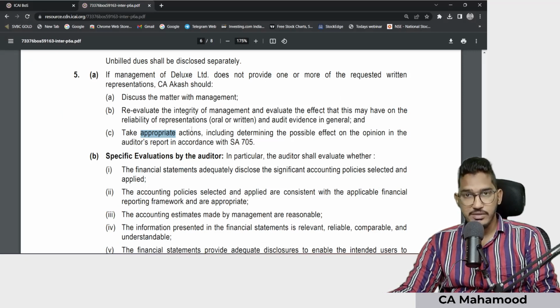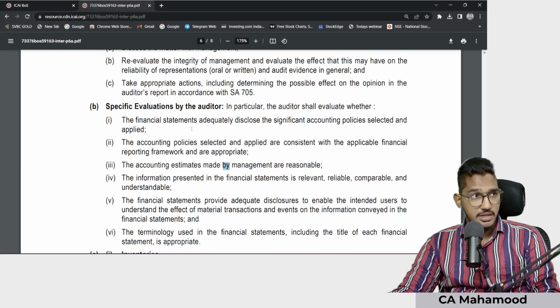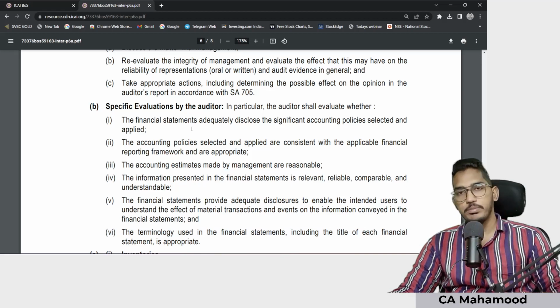So specifically you need to evaluate whether financial statements disclose all the significant accounting policies, whether accounting policies are applied and applied consistently year after year, accounting estimates made by the management are reasonable, and also the information presented in the financial statements is relevant, reliable, understandable and not misleading, and financial statements give all the disclosure requirements as required by the applicable financial reporting framework, and whatever terminology that has been used in the financial statements, that is appropriate.